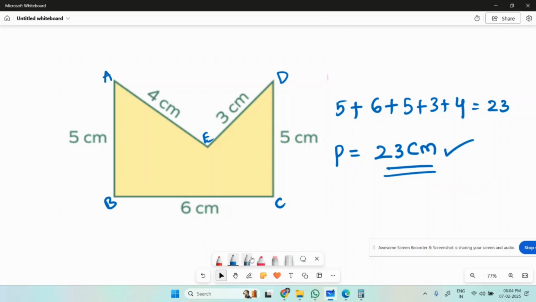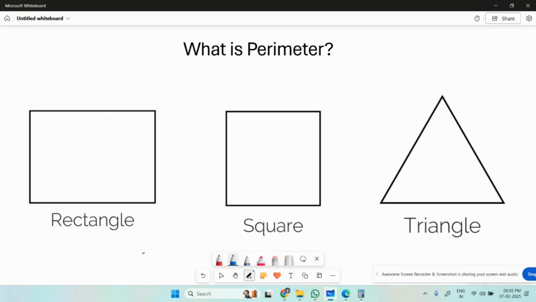Not only this shape, we can also find the perimeter of regular shapes like square, rectangle, triangle and all. Let's try to find the perimeter of regular 2D shapes. Here this is a rectangle. Rectangle opposite sides are equal. The longer side is length, the shorter side is width.